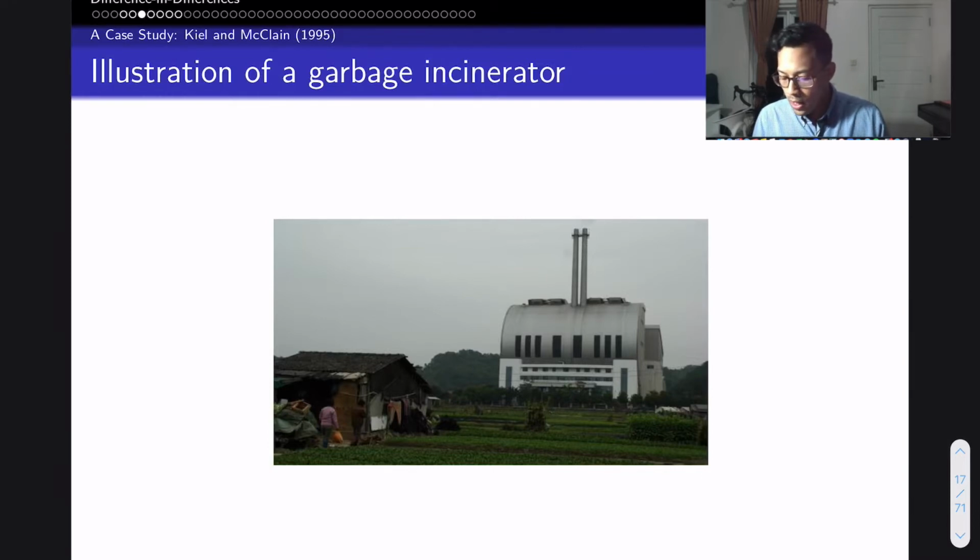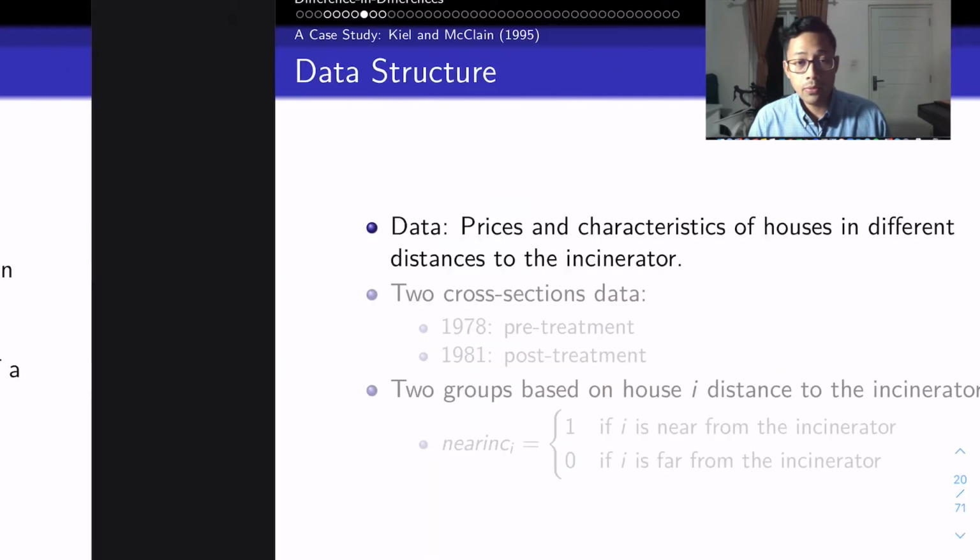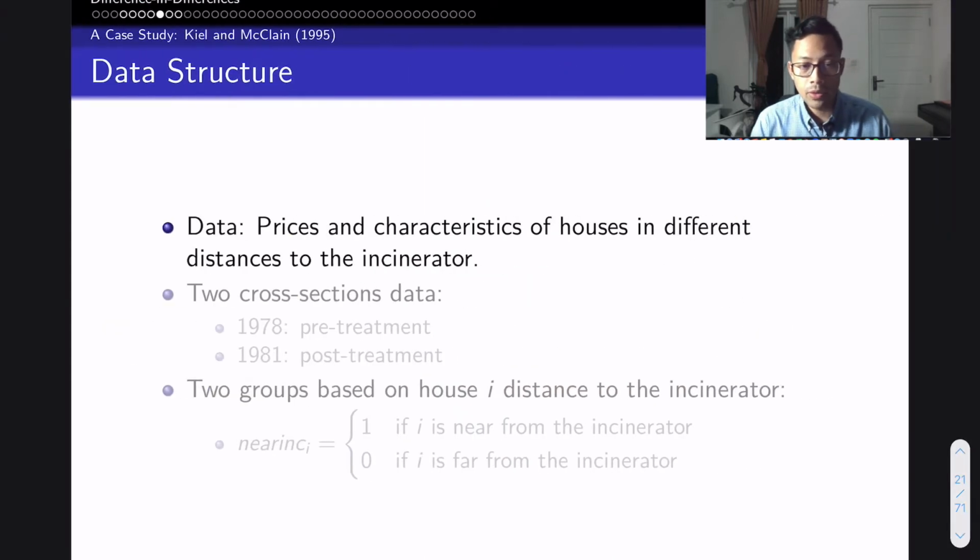So it will be important to evaluate the impact of having this garbage incinerator around the perimeter of houses. As we've talked about, we have this hypothesis that having an incinerator nearby lowers the price of a house. However, we really want to know by how much. So the data that we're going to need for the evaluation of the impact of the garbage incinerator is at least the following. We need the prices as well as the characteristics of houses at different distances to the incinerator.